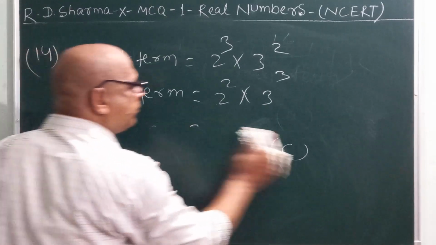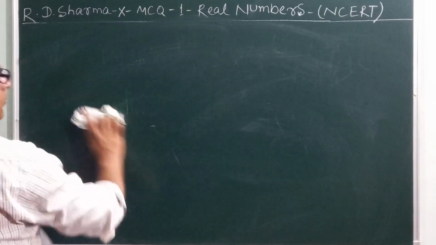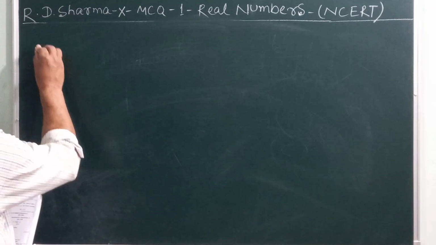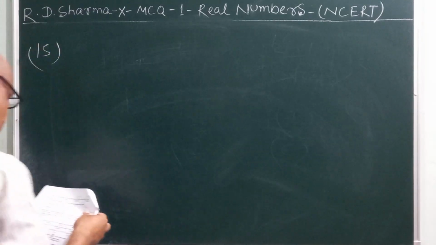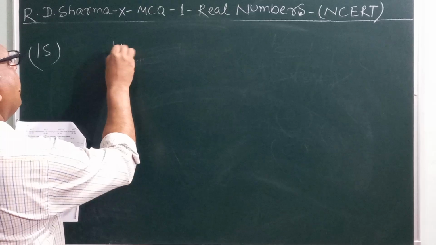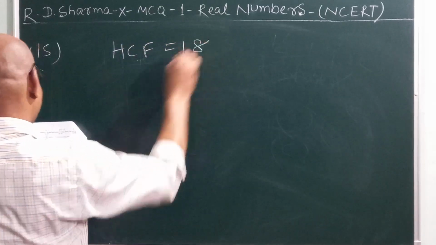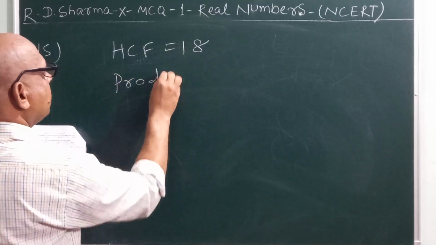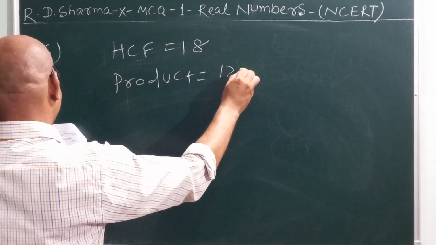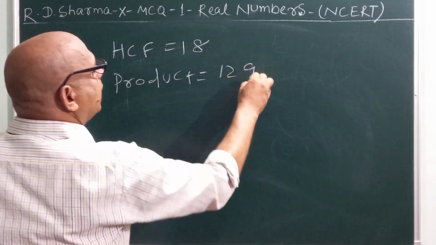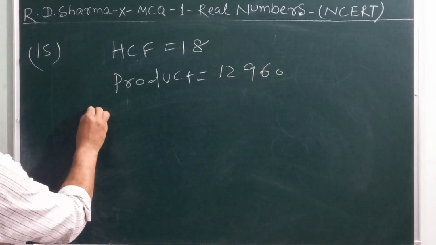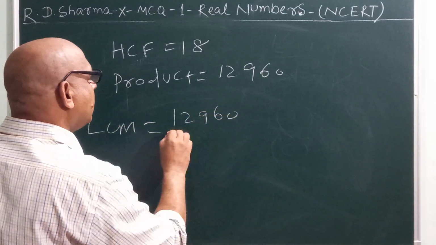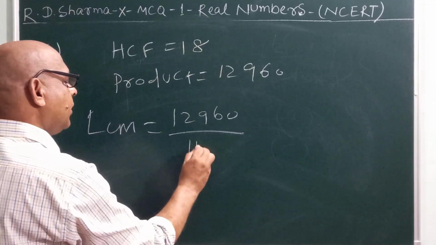Next, 15. The HCF is 18 and the product is 12960. LCM equals product divided by HCF.